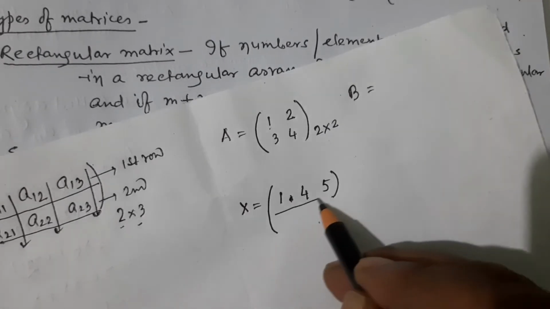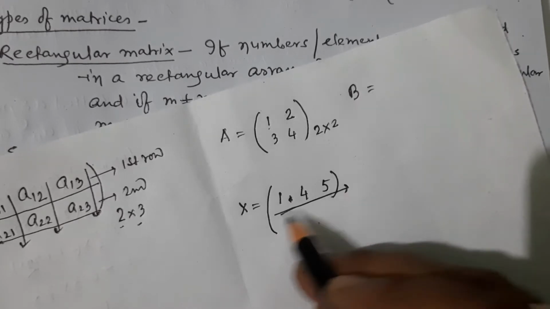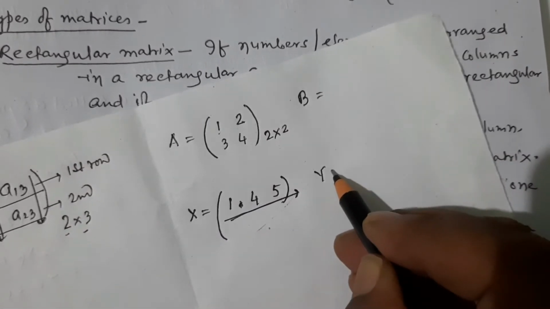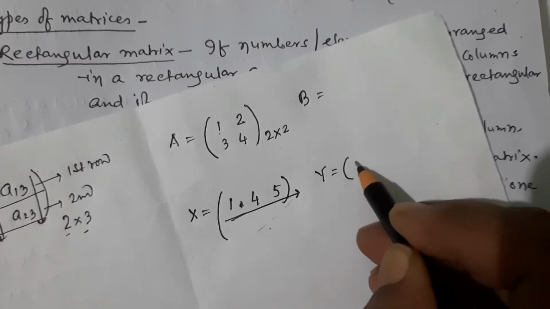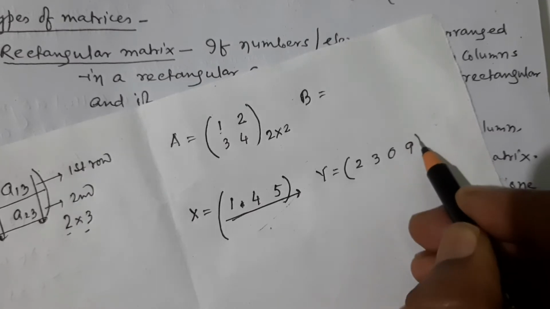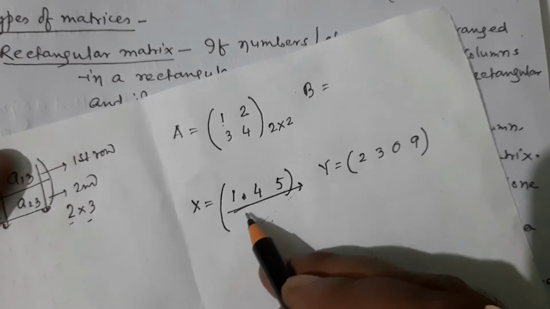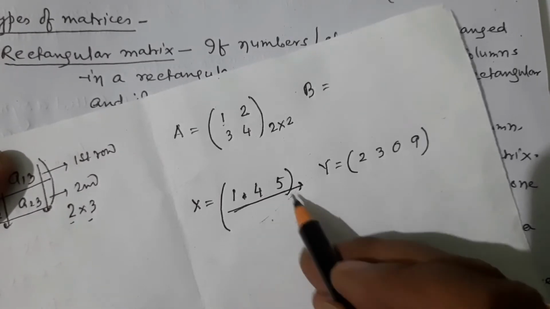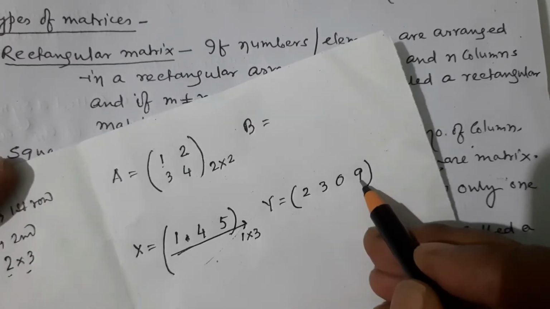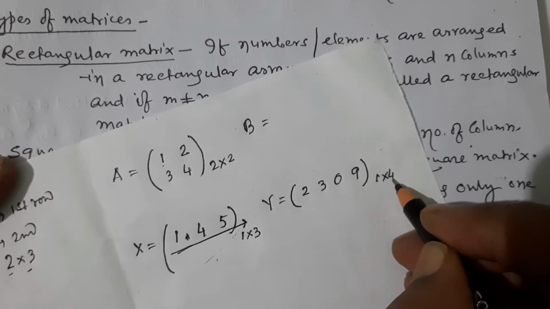This has only one row, so this is a row matrix. Another example, Y equals 2, 3, 0, 9. This is also a row matrix. This matrix has one row and 3 columns, so its order is 1 cross 3. The other has one row and 4 columns, so it is known as a 1 cross 4 matrix.